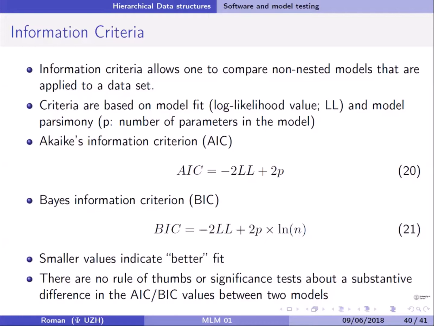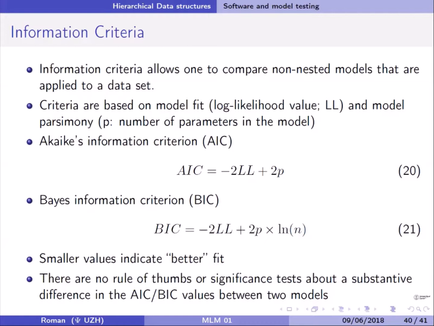So the criteria are based on model fit, but also on model parsimony. So for AIC we take the -2 log likelihood plus 2 times the number of parameters. And for BIC, we multiply the number of parameters by a penalization factor, the natural log of n.